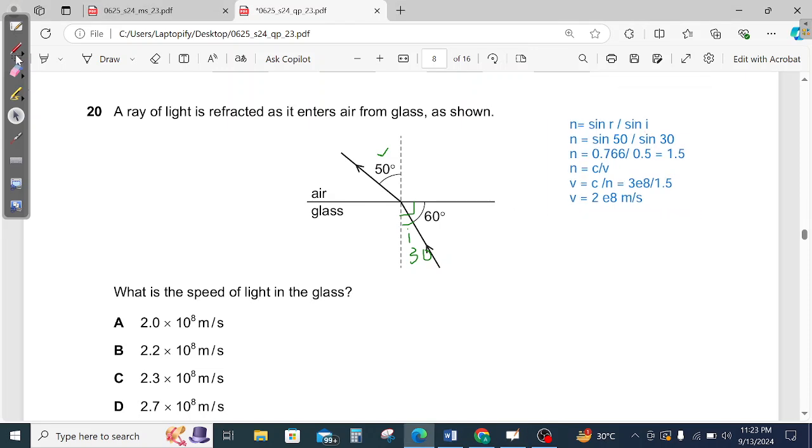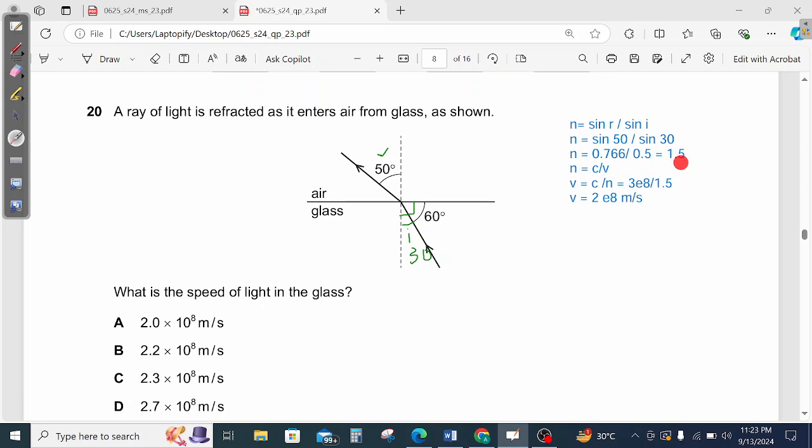So you have to put the values in. Refracted angle is 50, incident angle is 30. Sine of 50 is 0.76, sine of 30 is 0.5, then divide both values, you will get 1.5. That is the refractive index.